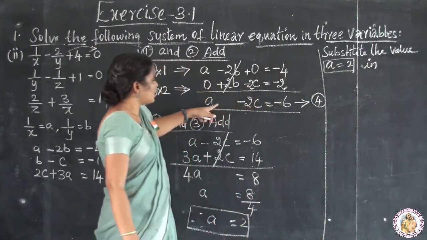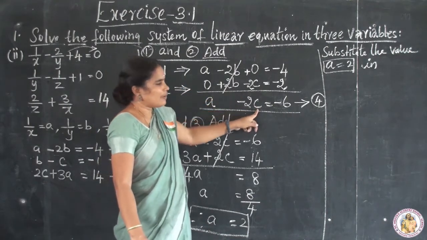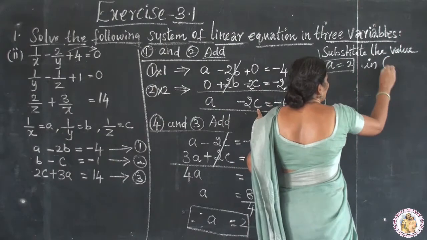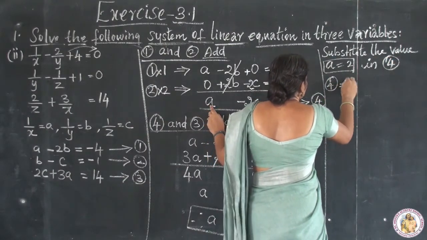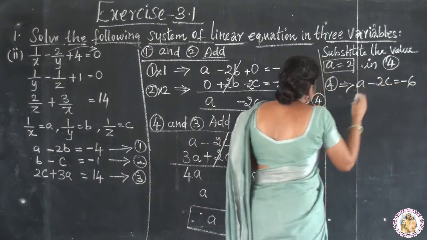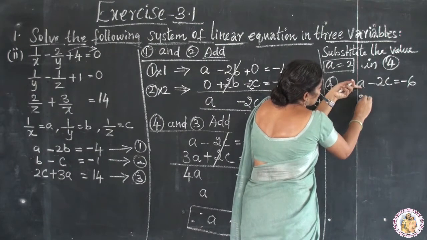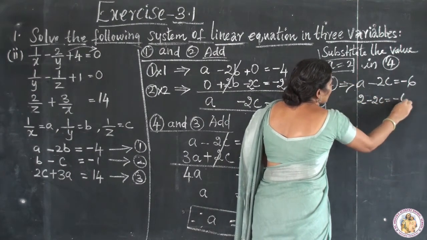in the fourth equation, so that we can substitute the value of a and find the value of c in the fourth equation. A minus 2c is equal to minus 6. A is 2, so 2 minus 2c is equal to minus 6.